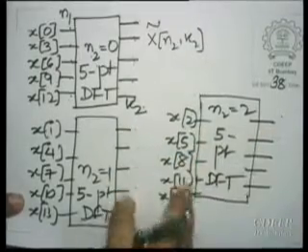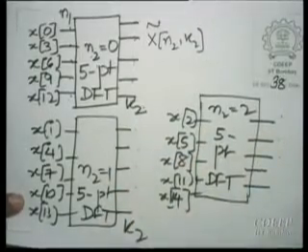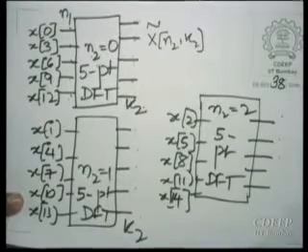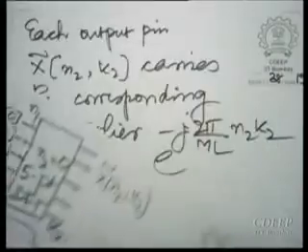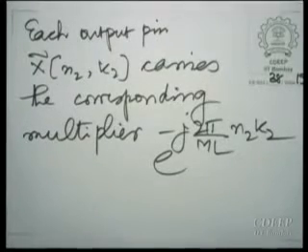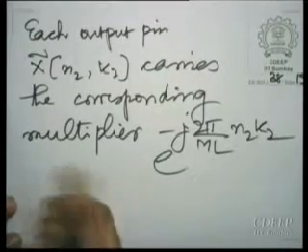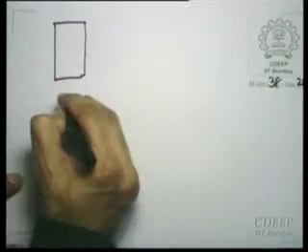But in all the other cases, both N2 and K2 are non-zero, so the multipliers would be non-trivial. Is that correct? So the situation is like this. Let's draw the corresponding graph. Let's slightly reduce the size of these blocks now. We have to draw 3 of them.